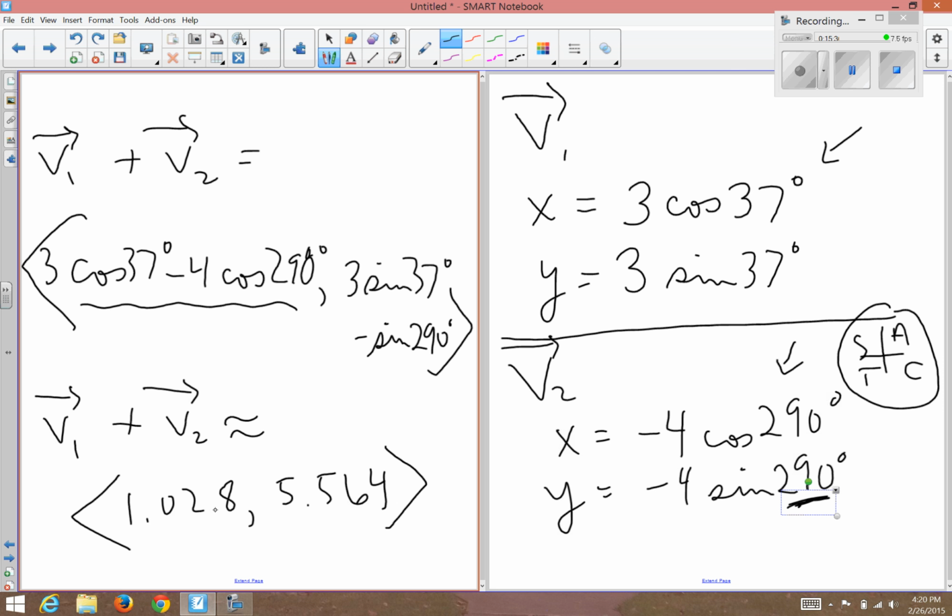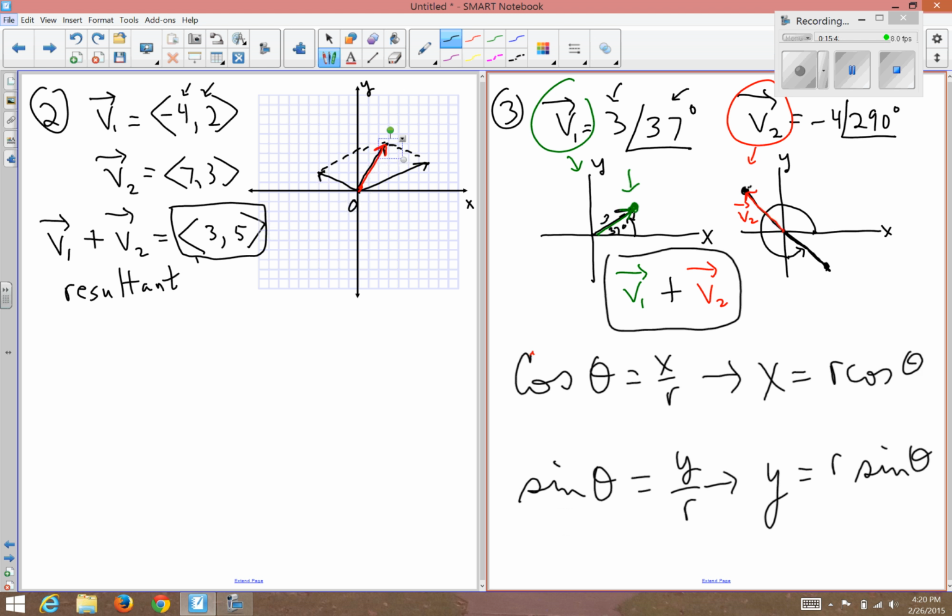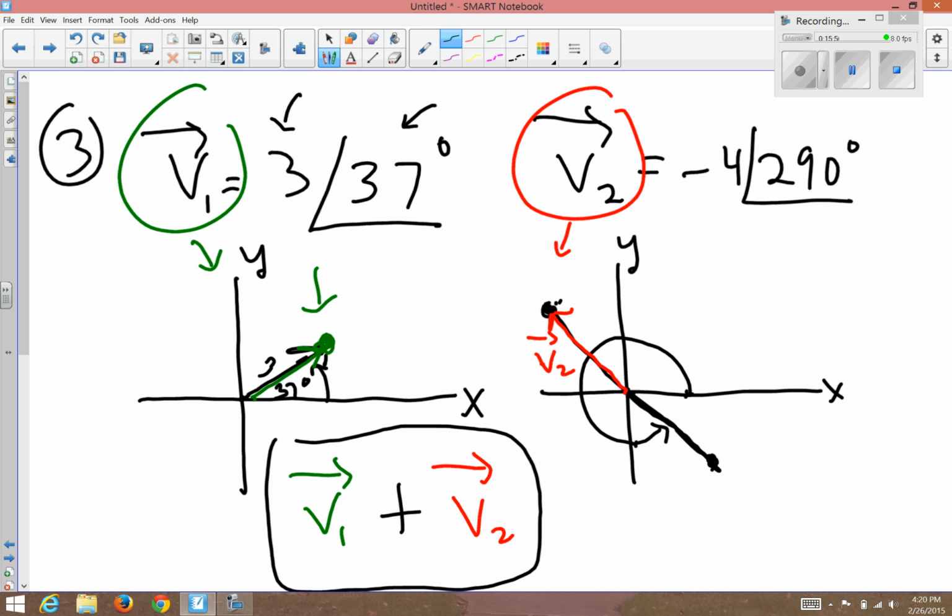And if you actually plotted this point, 1.028, 5.564, that would be, if you put this red vector over in this picture, the answer that we just got, 1.028, 5 point whatever, is going to be here somewhere.